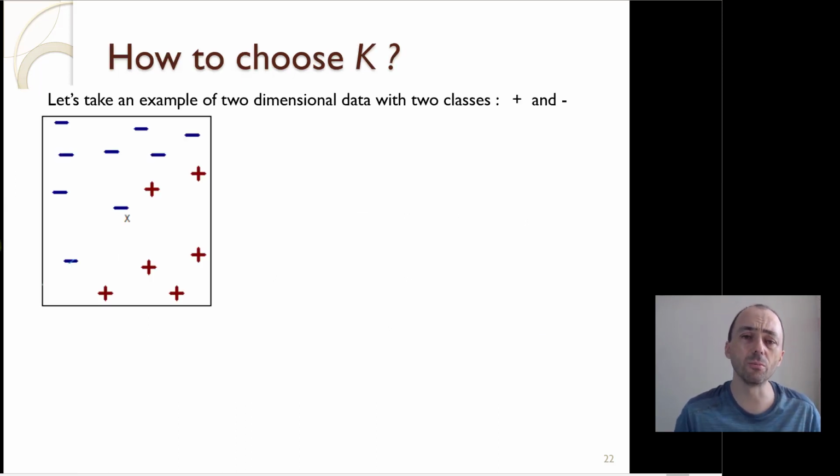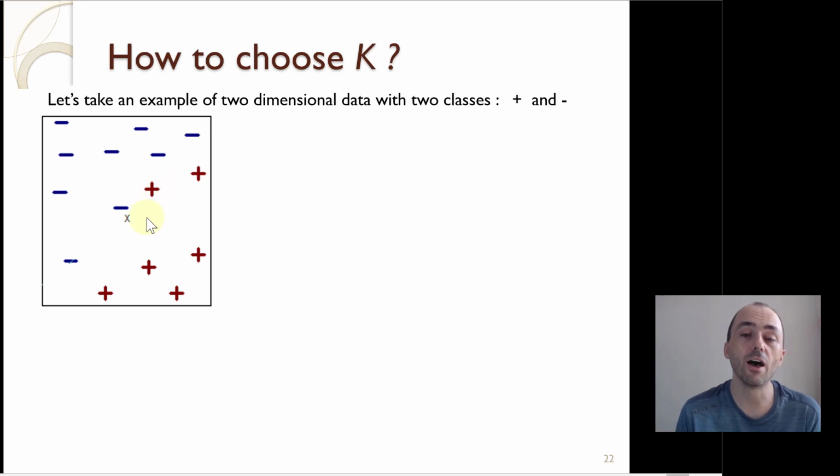Now I would like to make some observations about this. How do we choose the K in practice to get good results? Let's take some example. Here we have 2-dimensional data with 2 dimensions, X and Y. We have some data points, some objects of 2 different classes, the minus and the plus.